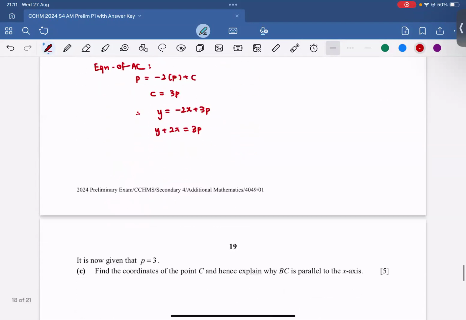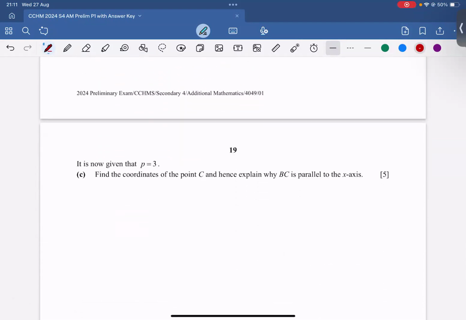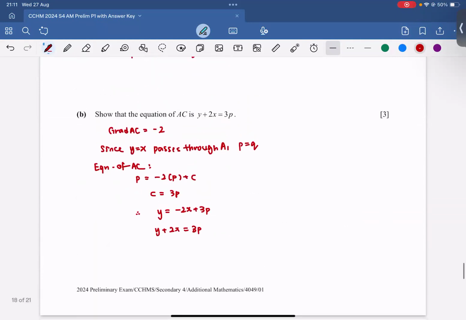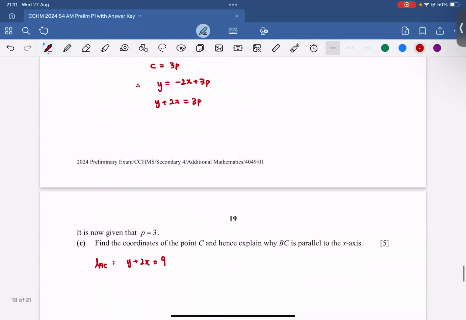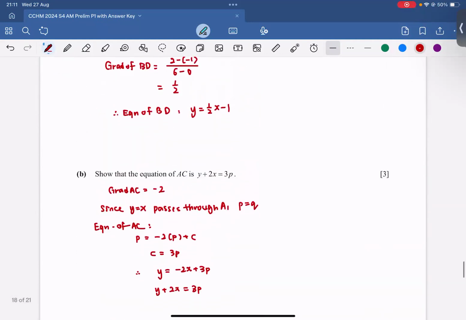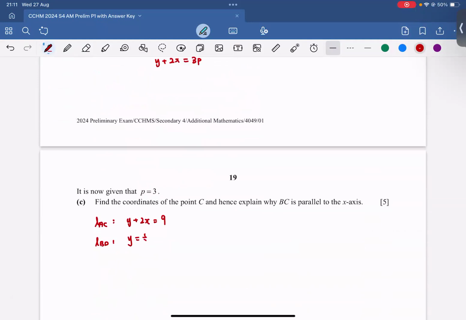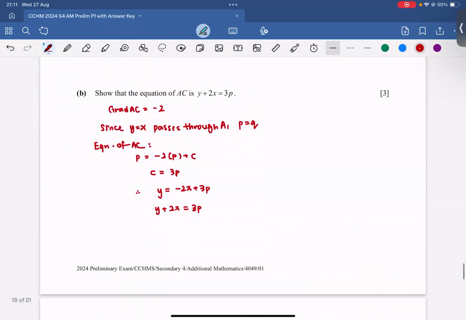Next part is given now that p is 3. So right now our AC is y plus 2x equals 9, and our BD is y equals half x minus 1. Take a look at the diagram.